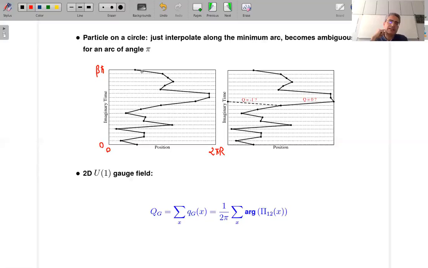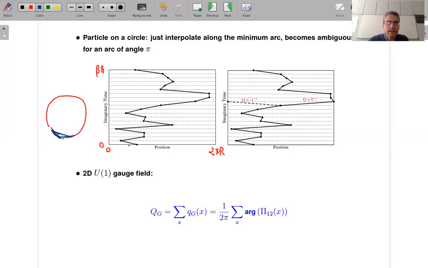For instance, in this case, if you draw the path on a circle, you can follow in each segment the minimum arc going from one point to the other, and count just the angle that you make, which in this picture is just the horizontal path that you go from one point to the other.